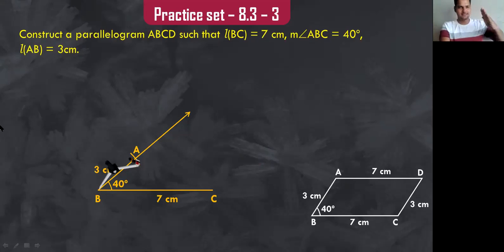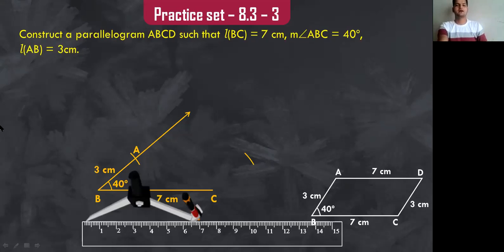Let us repeat the steps once again. AB was 3 centimeters, so CD will also be 3 centimeters. So for CD, we place the compass on point C and mark an arc of 3 centimeters. BC was 7, so AD is also 7.